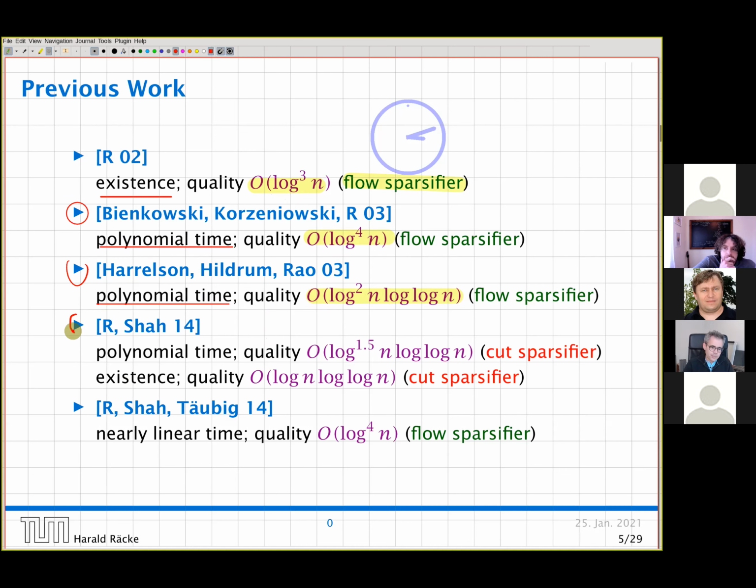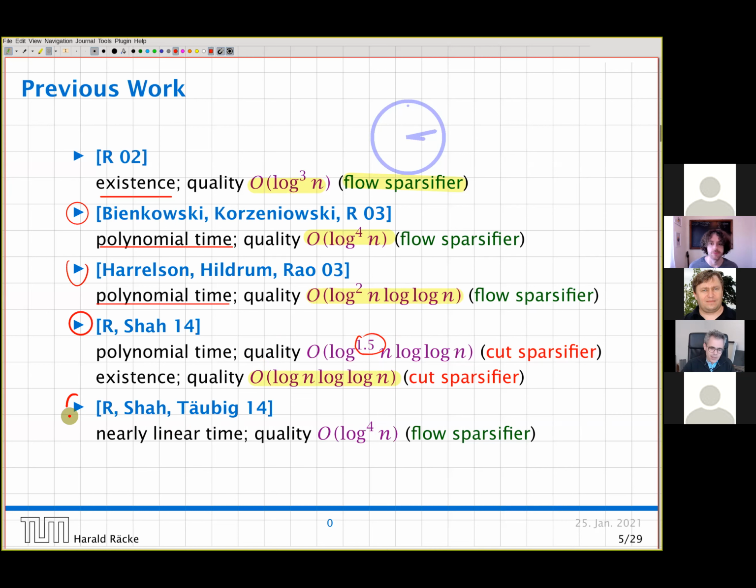In this paper, the difference between flow and cut sparsifiers was exploited. The question was asked: if I don't want the guarantee of a flow sparsifier, but just a guarantee of a cut sparsifier, can I improve the guarantees? One could shave off a little bit in the exponent. It was shown that existentially there is always such a cut sparsifier that guarantees a quality of log n times log log n. And there's also a lower bound for this. The lower bound stands at log n, so there's a slight gap between what I can obtain here.